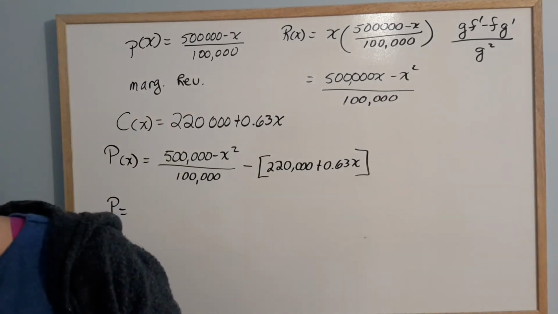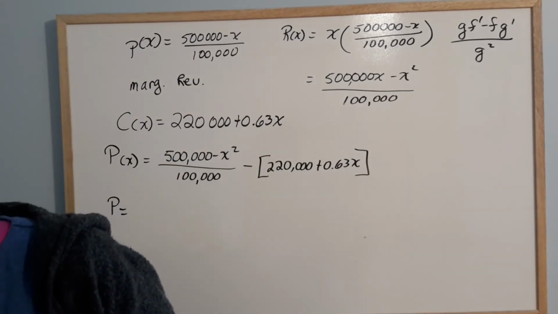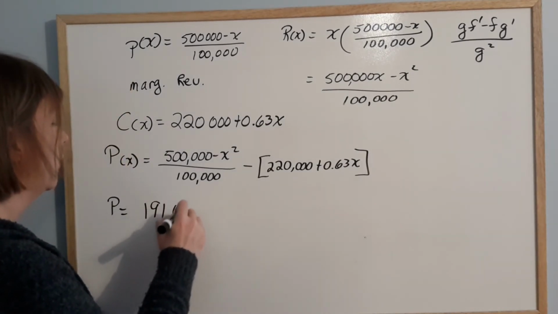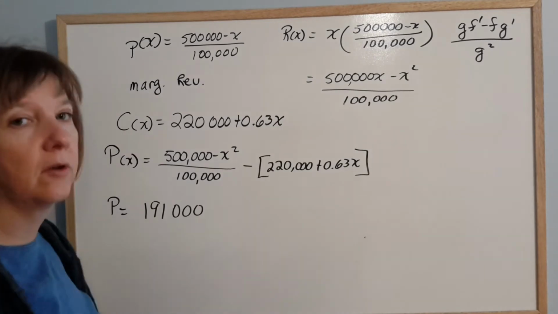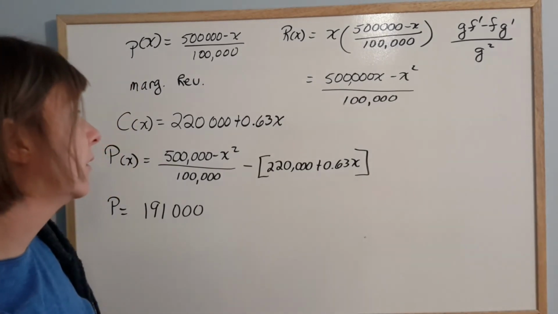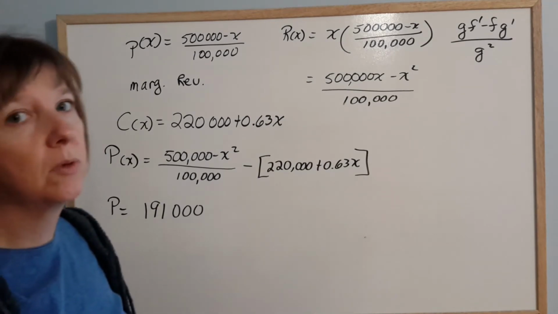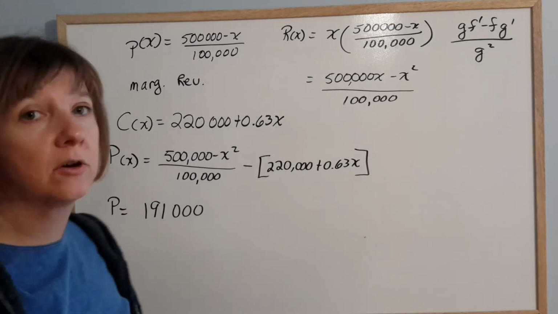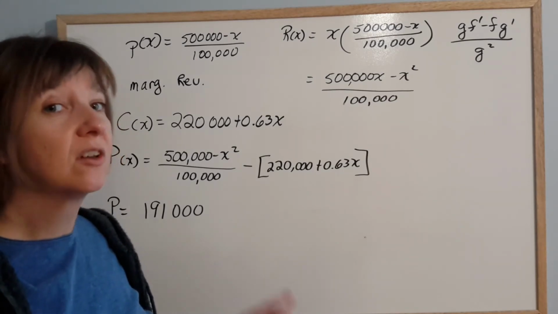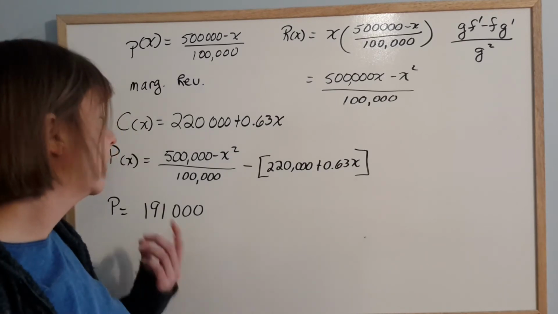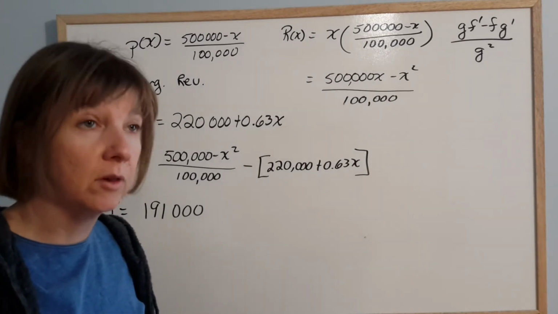But I'm going to tell you that the profit for that would be $191,000. So what that says is if they are able to sell 300,000 milkshakes in a year, the profit from that will be 191,000, which sounds really good. It sounds wonderful. If I could make 191,000, I'd be really happy.